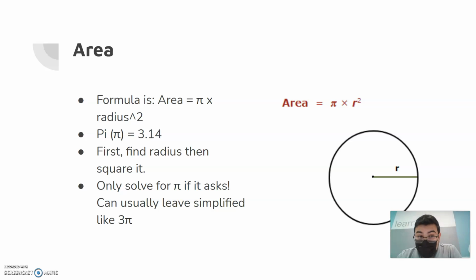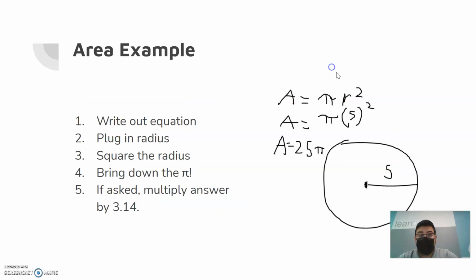For the high set, you don't normally need to solve for pi. Sometimes you can, so if it's like 2 pi, then you can multiply 2 times 3.14. But you're only solving for pi with that number if it asks. Many times the answer choices are just going to be like 3 pi, 4 pi, 5 pi, things like that, so you don't actually have to simplify it.